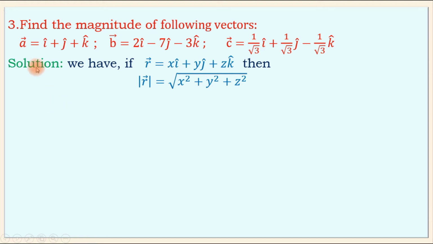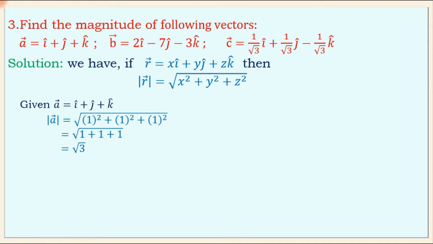So now take a vector, that is a vector equals i cap plus j cap plus k cap. Here 1 i cap plus 1 j cap plus 1 k cap. Hence magnitude of vector a equals square root of 1 square plus 1 square plus 1 square, that is root 3. So magnitude of a vector equals root 3.